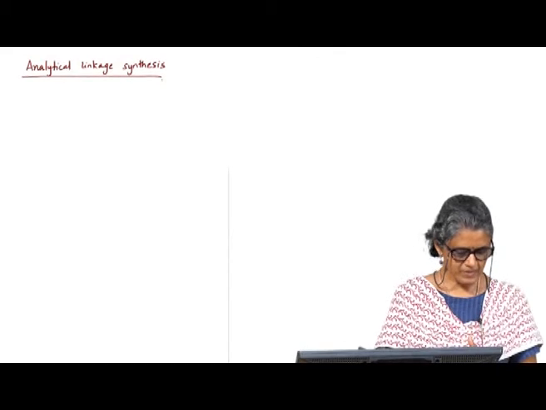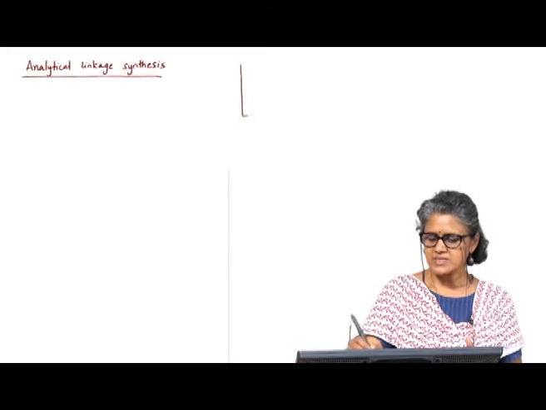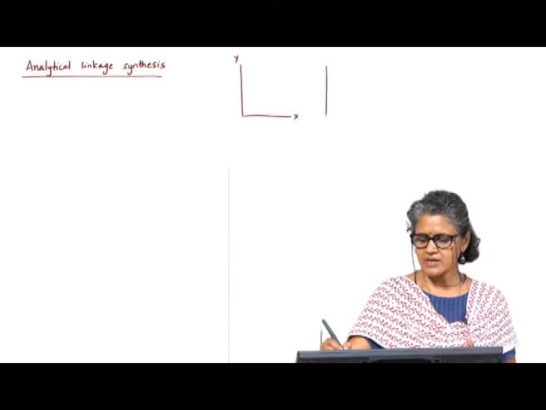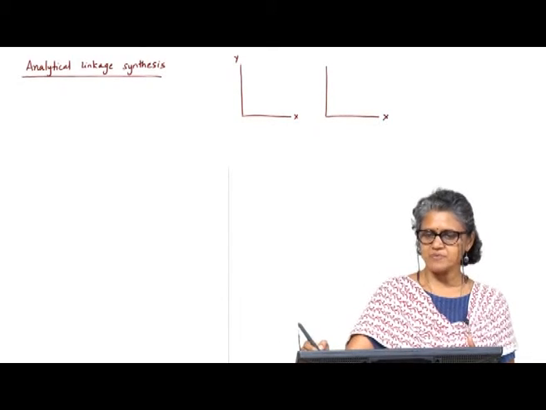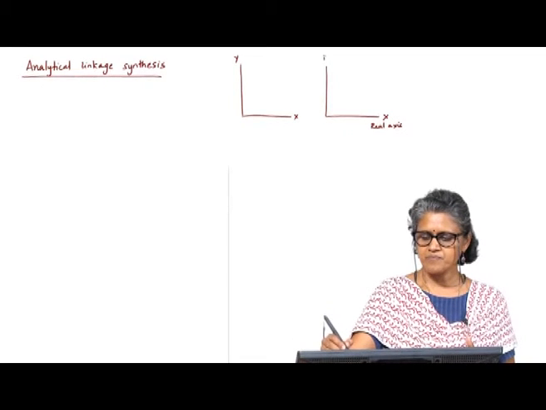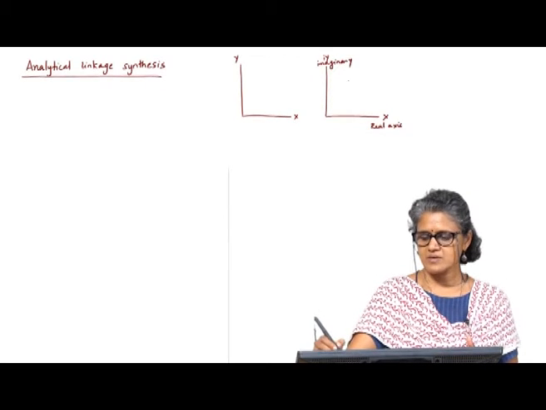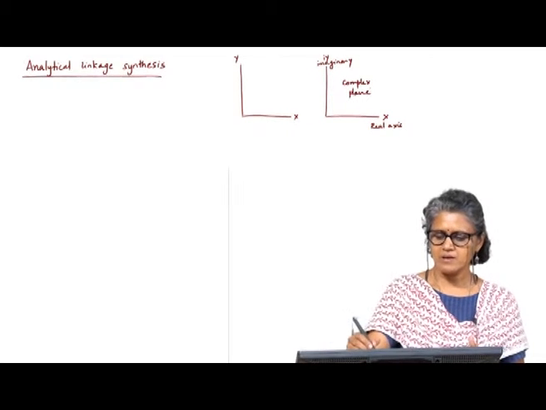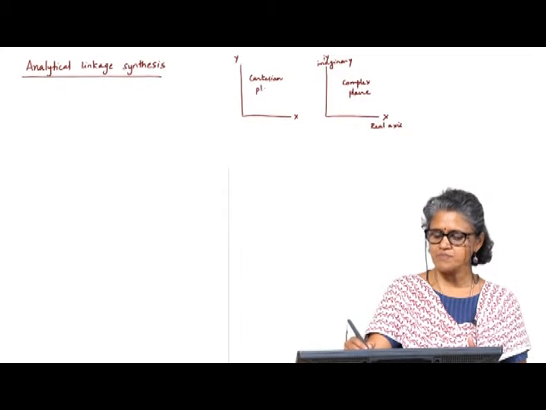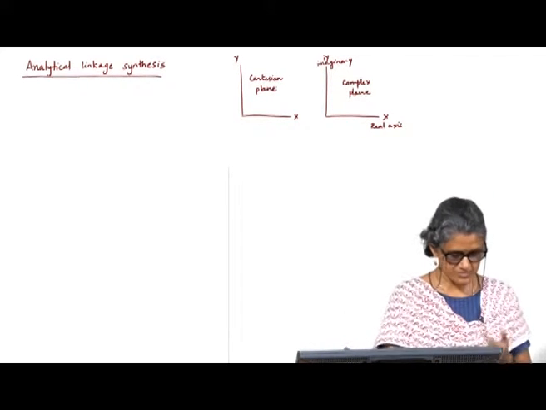Instead of looking at this plane as the Cartesian xy plane, I can look at it as the complex plane, where I have the real axis and the imaginary axis. So this is my complex plane. It is just a different notation, and it has certain advantages when it comes to working with linkages.